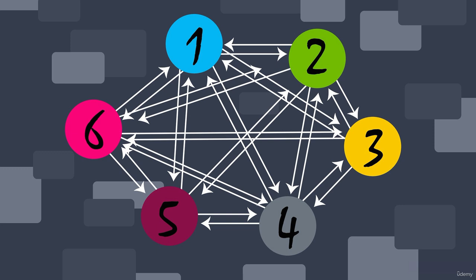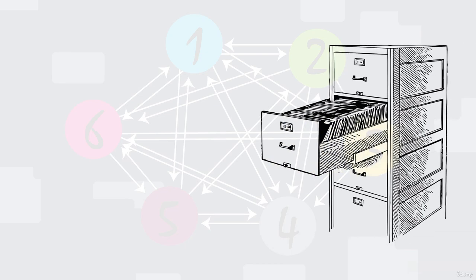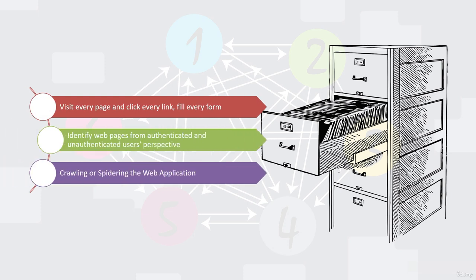There's actually no magic to get the structure unless you're the actual developer of the application. And then it's just hours and hours of work. So, the best way to extract the structure of the application is to visit every page and click every link and fill every form.